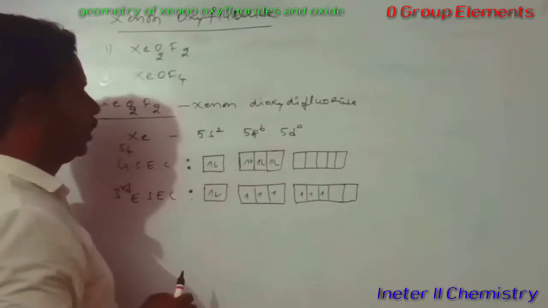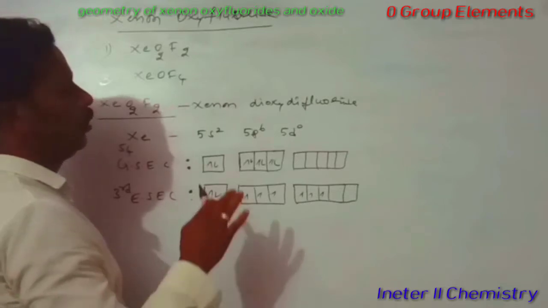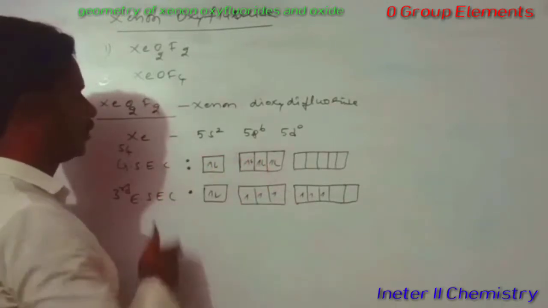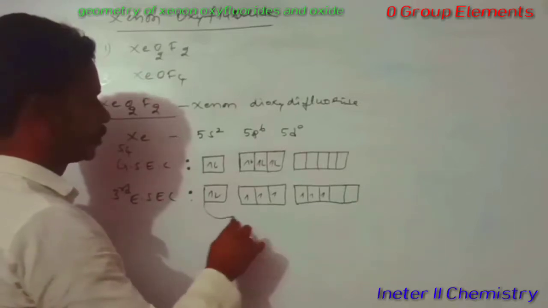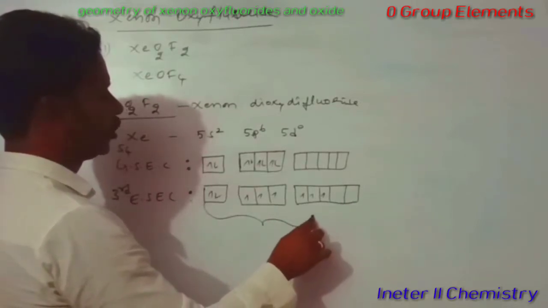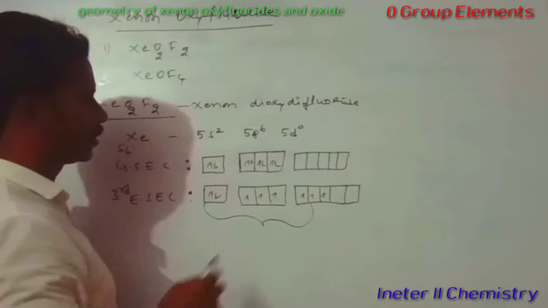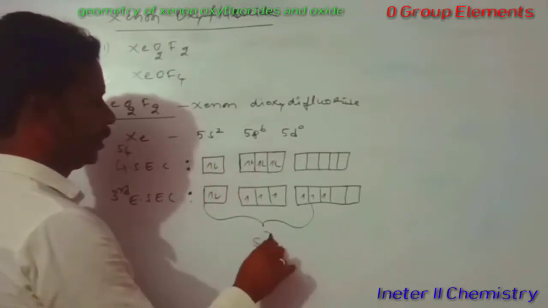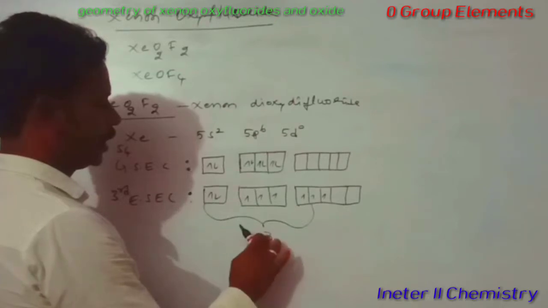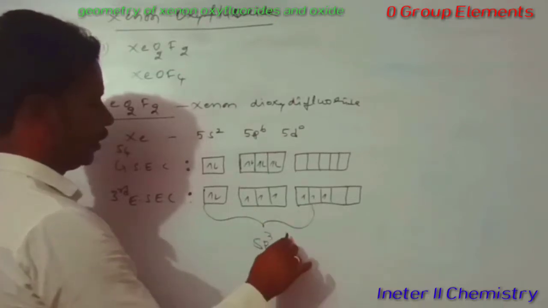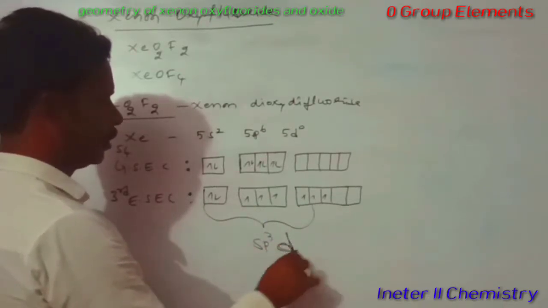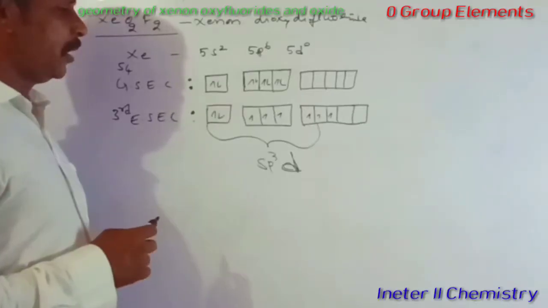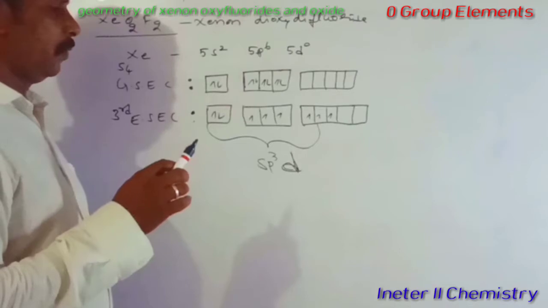So that type of hybridization is involved by the xenon. We want 4 unpaired electrons in the hybrid orbitals. Here it is sp3d hybridization.